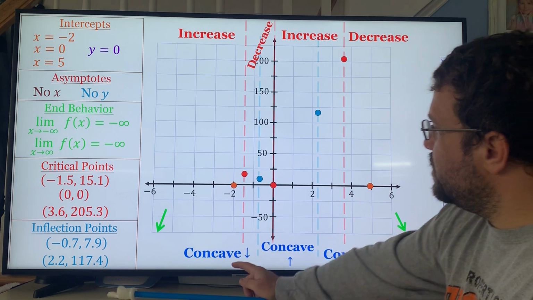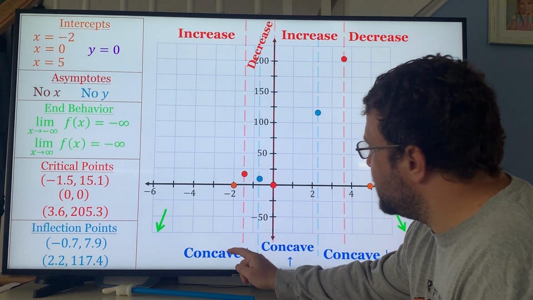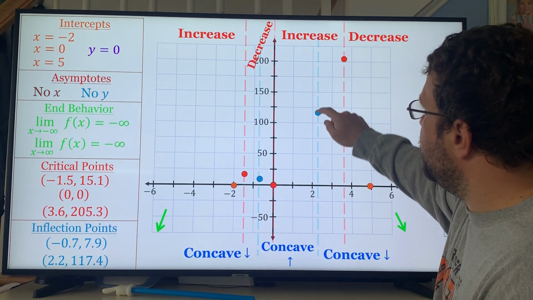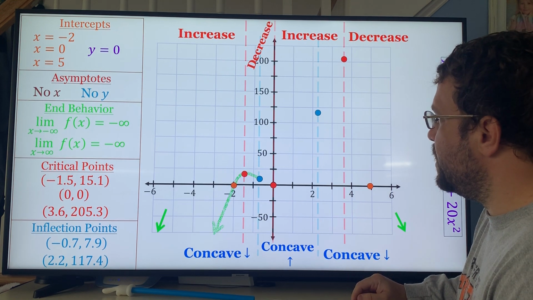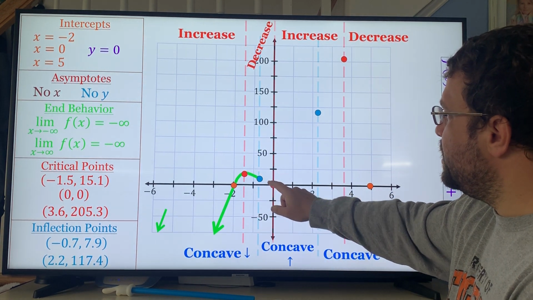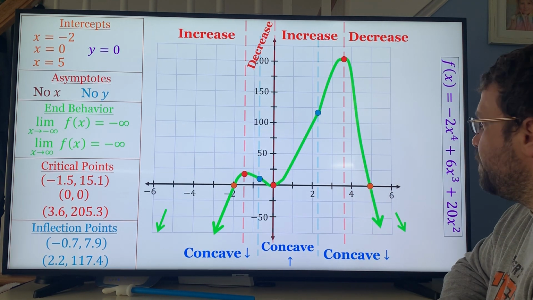So between these two, you have concave down, concave up, concave down. So what this tells us is we're going to be concave down, like an upside down U, a U, and another upside down U. Put everything together: concave down, increase, decrease, increase, concave up, and finish up like that.